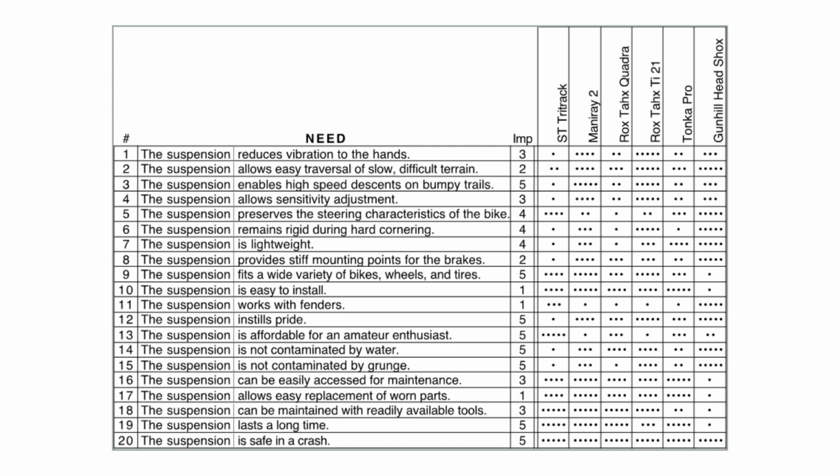But the fourth competitor product, which is called Rockstrack TI21, has 5 dots. So it means that in terms of the need that the suspension reduces vibration to the hands, this product has the highest performance. Okay, hopefully you understand this matrix.